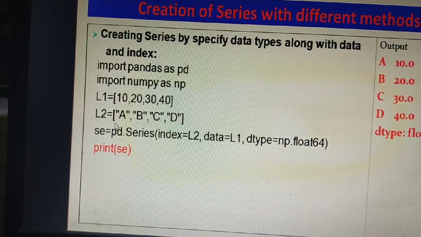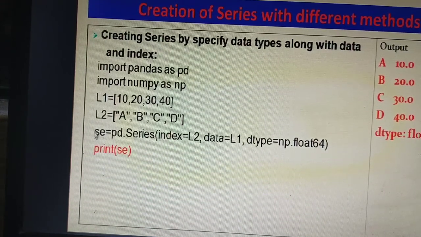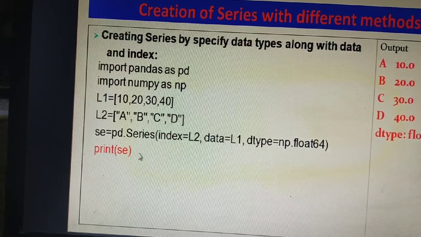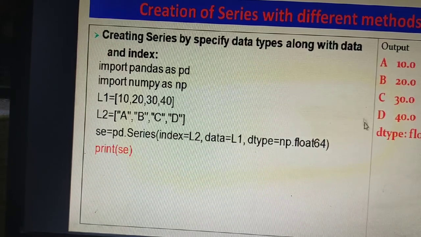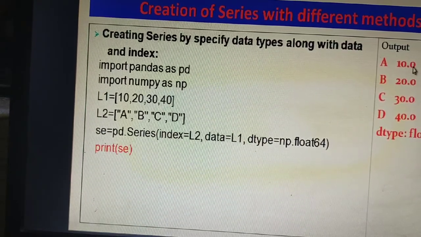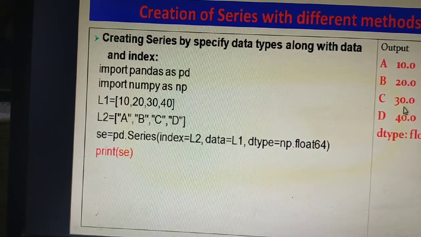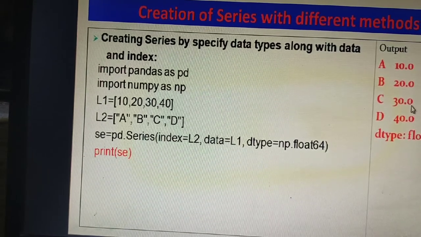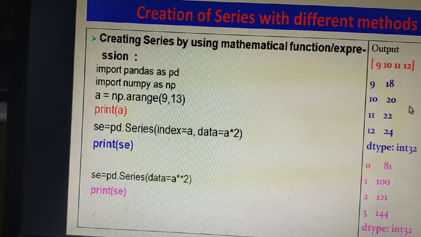And once it is created and stored in this variable, when that variable is printed, you will get this type of series which has the values as float numbers, right?